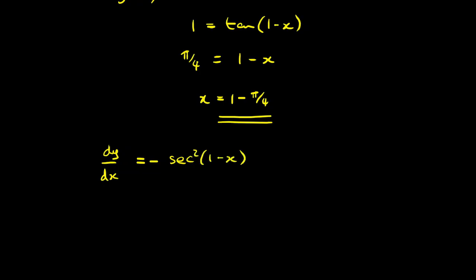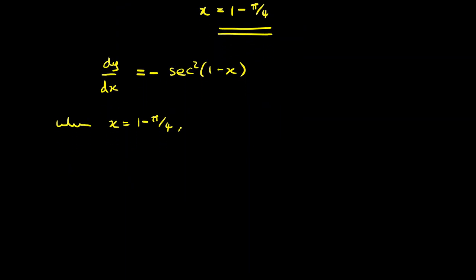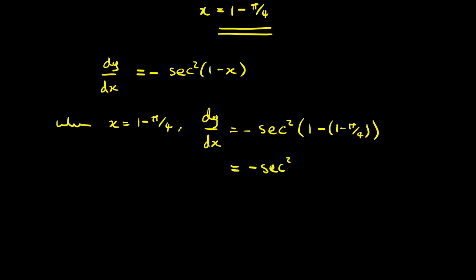So we're going to say when x is equal to 1 minus pi by 4, then what we're going to get here is dy/dx is equal to minus sec squared (1 minus (1 minus pi by 4)). Now, I know I'm doing a little bit of overkill here, but I think you always want to be careful about trying to do things too quickly, too cleverly, because you're only human. You end up making mistakes, right? So we're going to get 1 minus 1 is 0, and then minus minus pi by 4 is pi by 4.